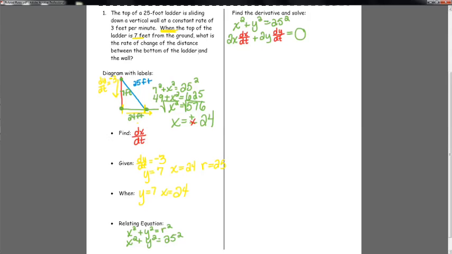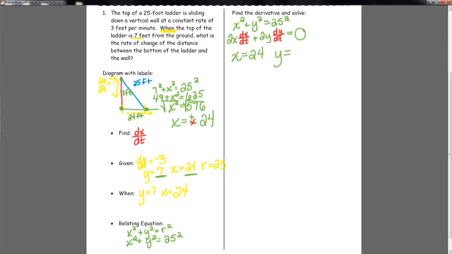And so I'm going to come back over, I have a lot of variables here. And so what are the variables that I know? Well, I do know that x is equal to 24. I do know that y is equal to 7. No, you're right.